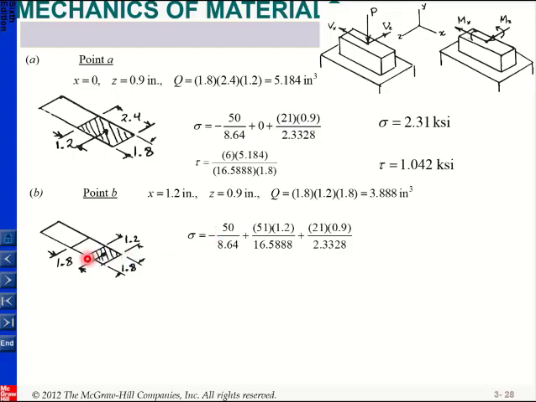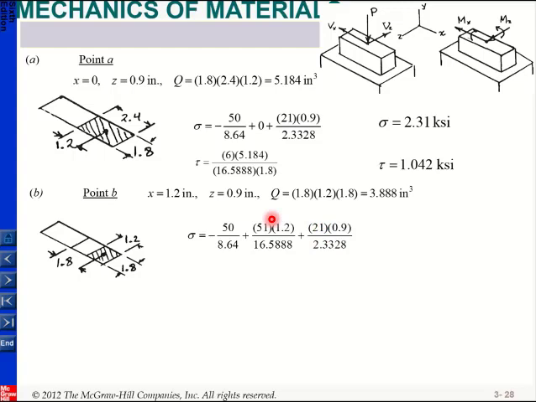But since I'm at this point, I will also get a stress due to the other moment, Mz. In the previous case, since I was at the neutral axis, I didn't have any normal stress due to Mz, but now I do. And this is my normal stress due to Mx.